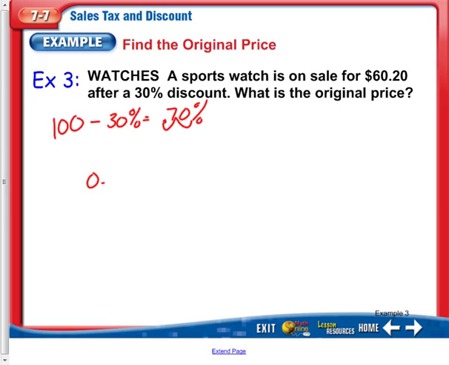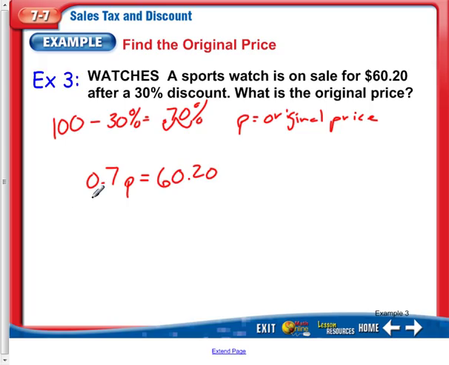So I know that 0.7 times P, and here I'm going to say that P is the original price. Okay, so 0.7 times P is actually equal to $60.20.